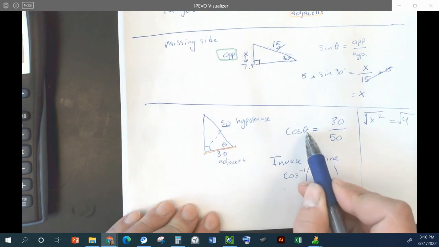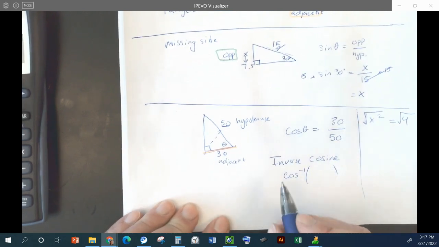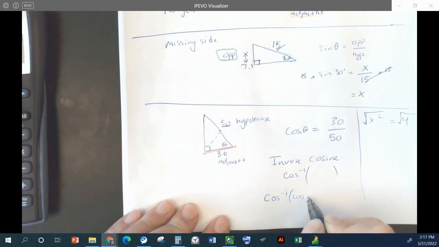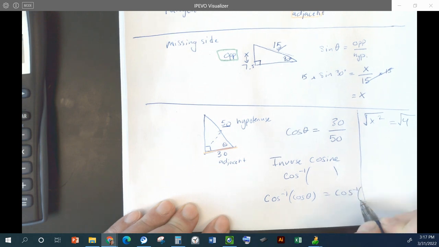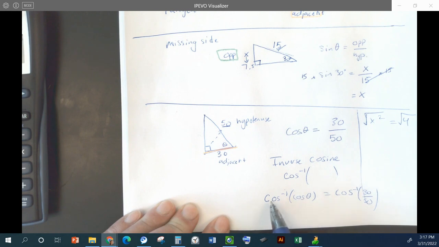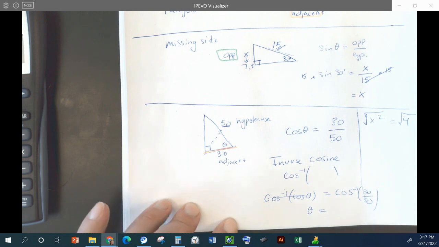So if we have cosine of theta and I'm looking for theta, I'm going to do cosine inverse of cosine equals, and if I do the cosine inverse on one side, I have to do the cosine inverse on the other side. It's like I'm undoing the cosine. So these cancel, and I have theta on this side. Then I can just type this in my calculator.